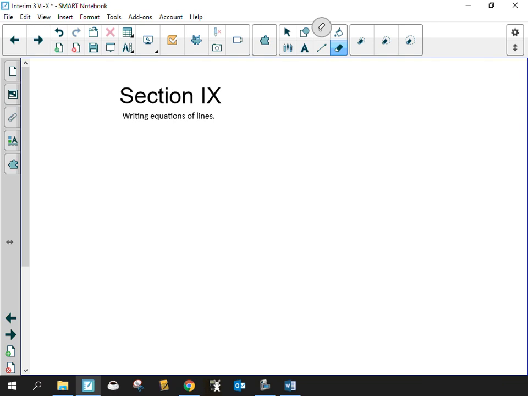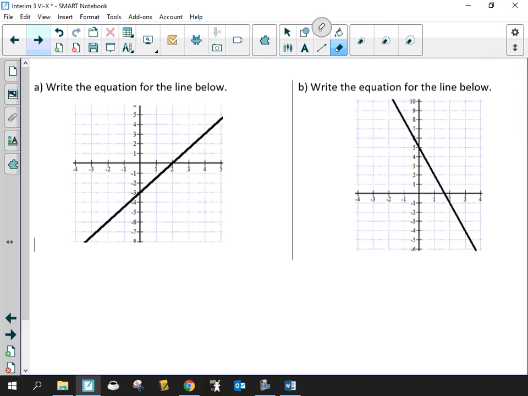All right, so section 9, last section, writing equations of lines. Or no, sorry, we got 2 sections left. We got 9 and 10. Writing equations of lines. So it says write the equation for the line below. So to write an equation, we need 2 pieces of information. We need the y-intercept, and we need the slope.